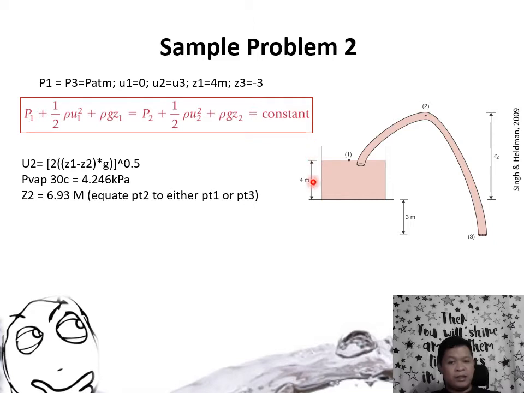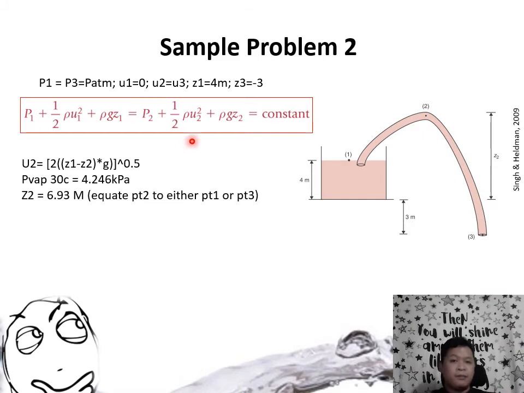Then, because the diameter of the tank is much greater than the diameter of the pipe, we could assume that the velocity, yung pagbaba ng height dito sa tanke, is 0, to simplify things. The velocity at point 2 and the velocity at point 3 are the same, simply because they're the same pipe diameter, no?